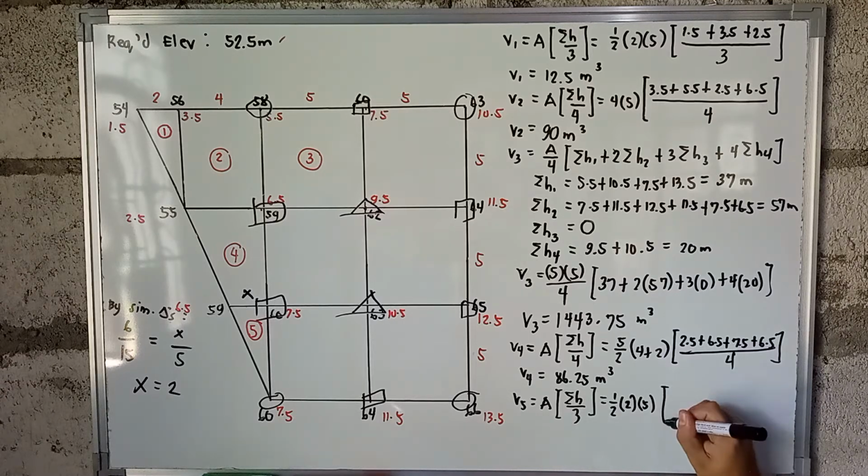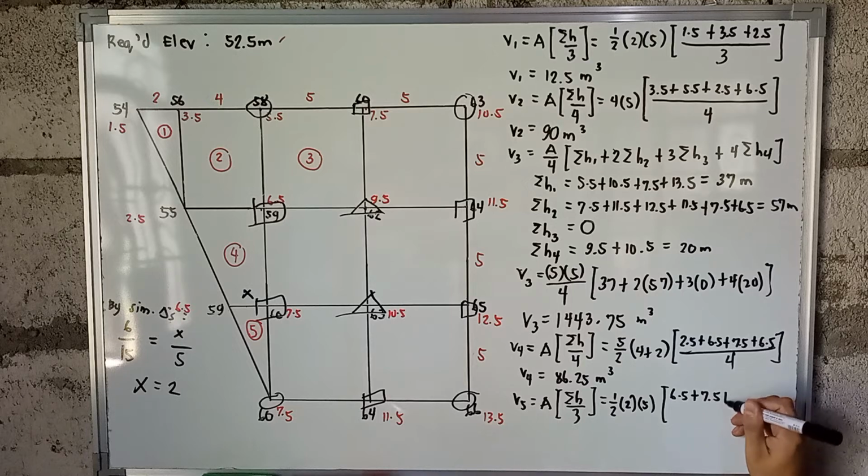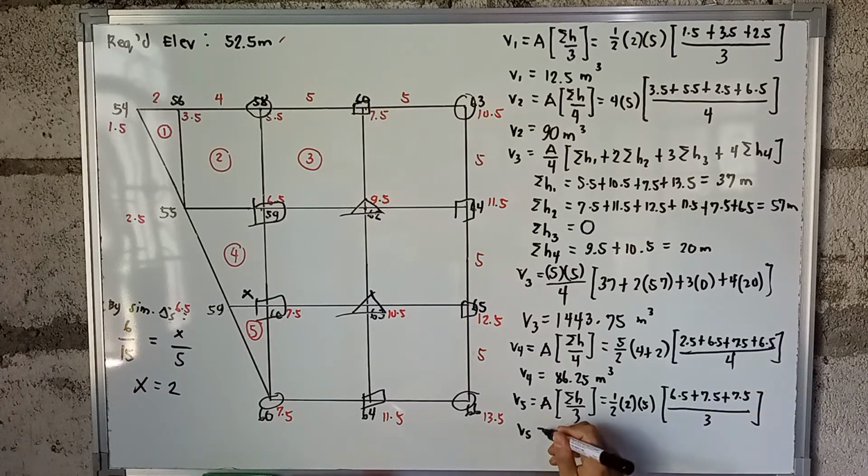So multiplied by, so yung mga heights niya 6.5 plus 7.5 plus 7.5. Divide natin siya ng 3 kasi i-average natin. So the value of our V5 is now equal to 35.83 cubic meter.